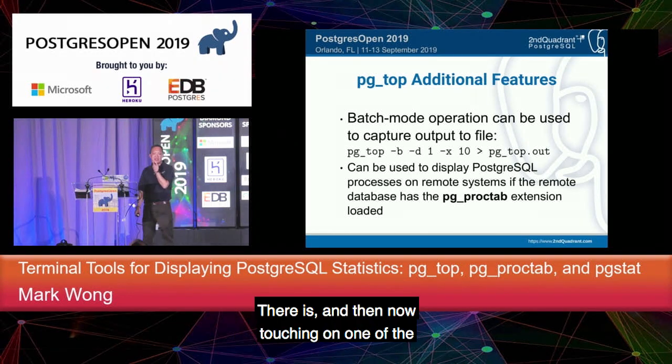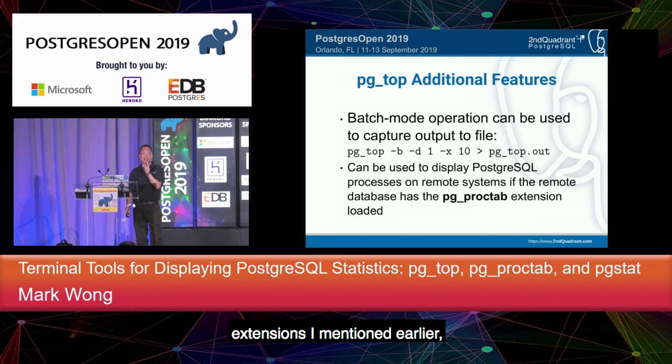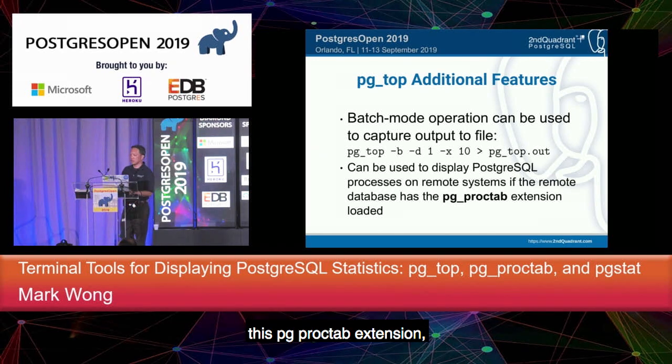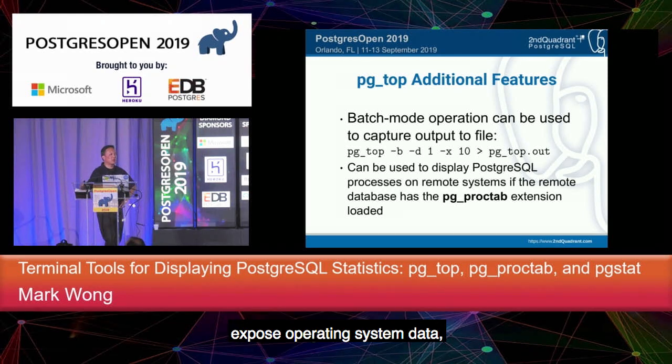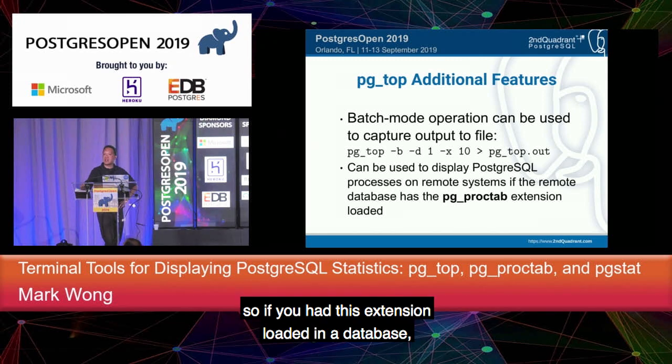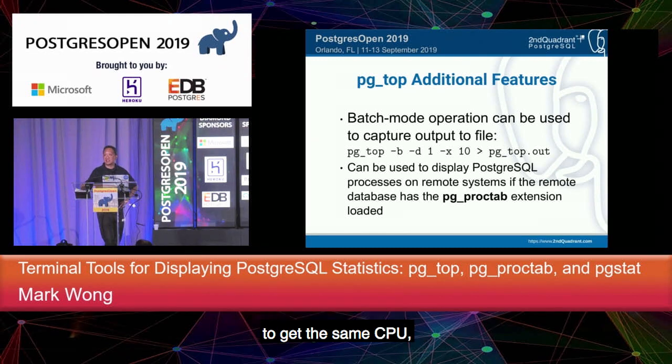And now touching on one of the extensions I mentioned earlier, this pg_proctab extension is a Postgres extension that can be loaded to expose operating system data. So if you had this extension loaded in a database, you could connect remotely to that database to get the same CPU, I/O information without having to log in to an additional system.